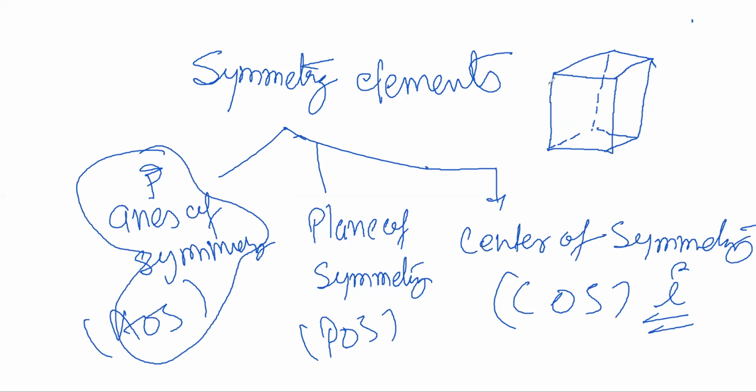So we know there are 3 crystallographic axes. So let's say this is an axis. If we rotate this crystal along this axis up to 360 degrees, there will be a repetition of similar phase. If there is a repetition of similar phase, then there is for sure an axis of symmetry. Getting my point or not? There will be an axis of symmetry.